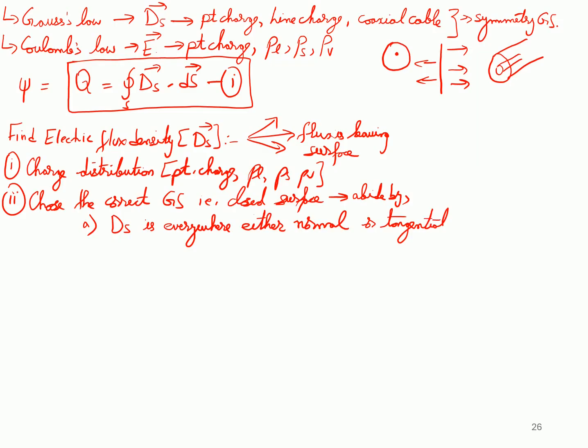So if it is normal, it means that the dot product of electric flux density and the small area dS in our equation number 1 will not be equal to 0, because the dot product is basically, if you have a vector A and a vector B, the absolute of A, absolute of B, cos of the angle between them.